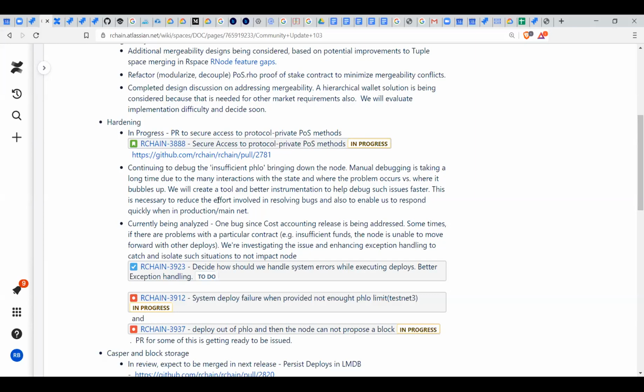So we have decided that we need to spend some time to create a tool and instrumentation that will help us look into the state at different points, so that we can quickly resolve any debugging issues.